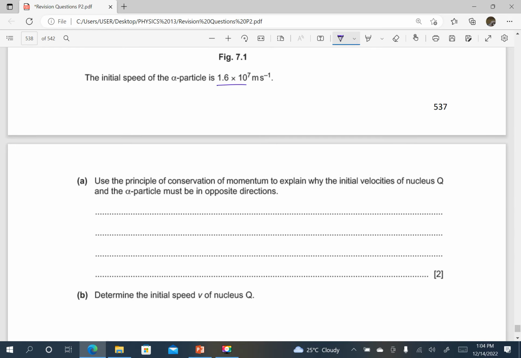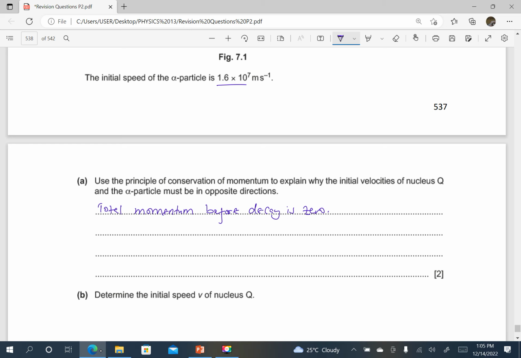So that's number one. We simply say that total momentum before decay is zero.